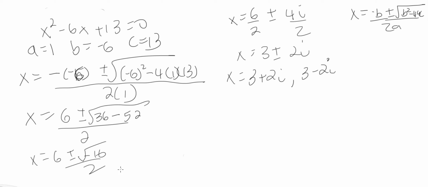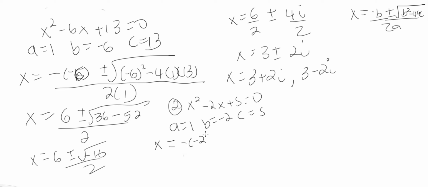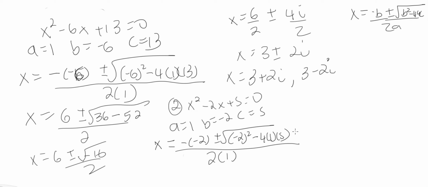Let's do another one. Okay, so we have a is 1, b is negative 2, and c is 5. So now I have x equals negative b plus or minus the square root of b squared minus 4 times a times c. This is all over 2a.